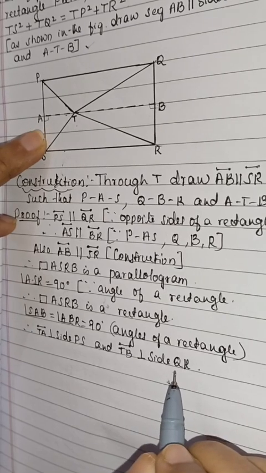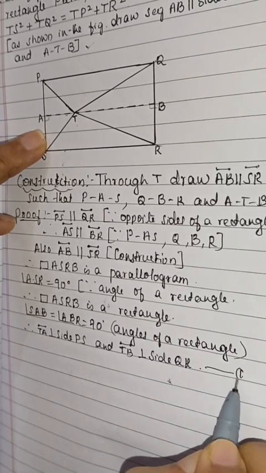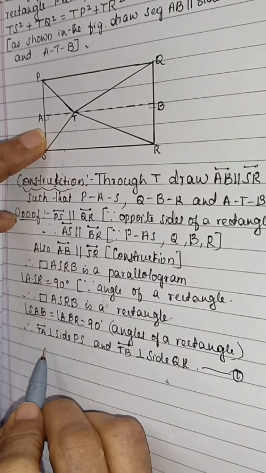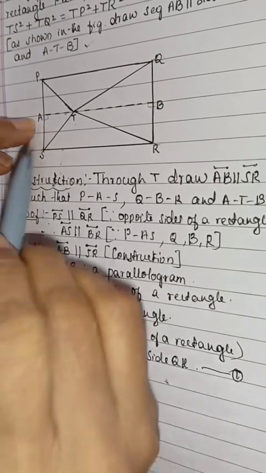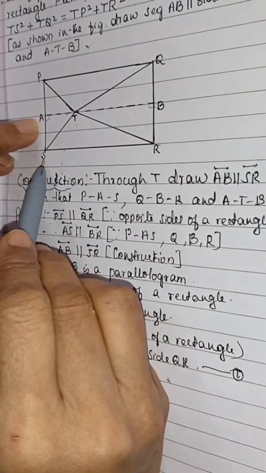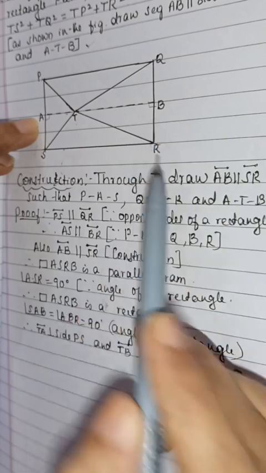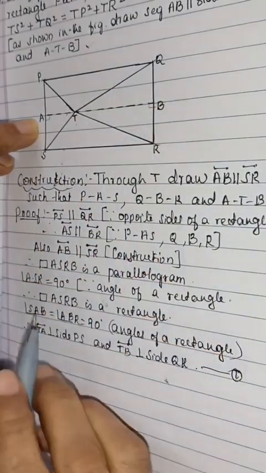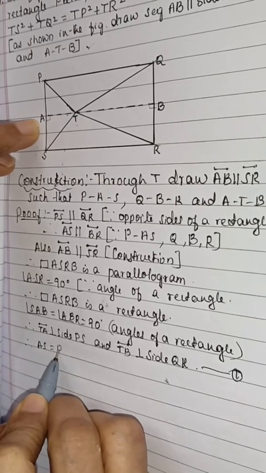This is equation number 1. Therefore, TA is parallel to PS and TB is parallel to side QR. Therefore AS equals BR.